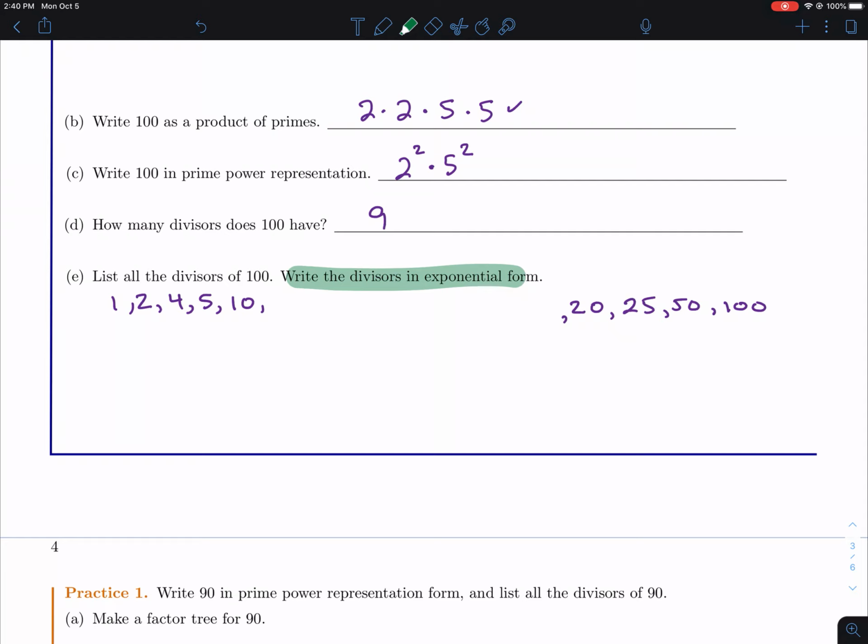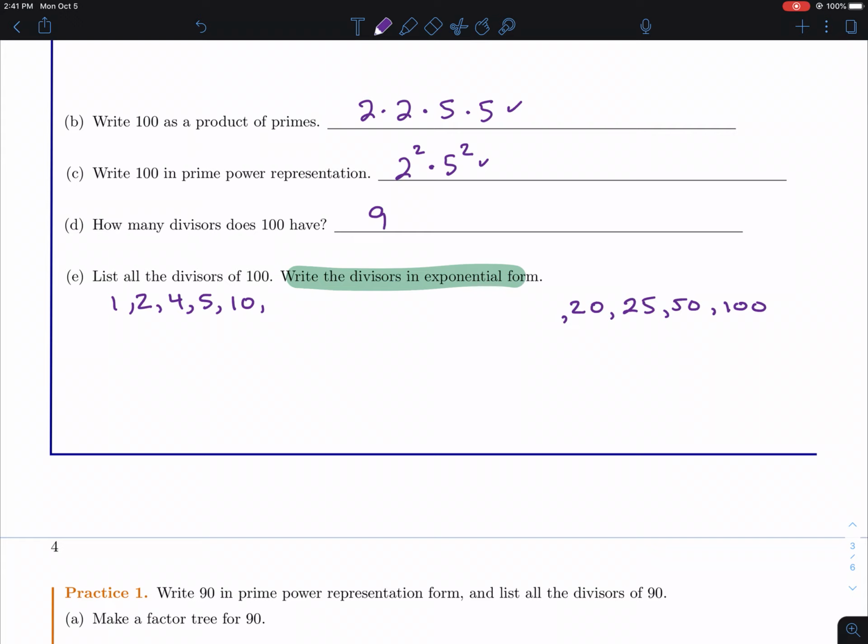What we're doing with exponential form is going through every single possibility of the 2's and 5's with the exponents together. The key is to keep everything as organized as possible. So what I'm going to do is write these in column form, fix one number to always be the same, and cycle through all the possibilities of the other one.